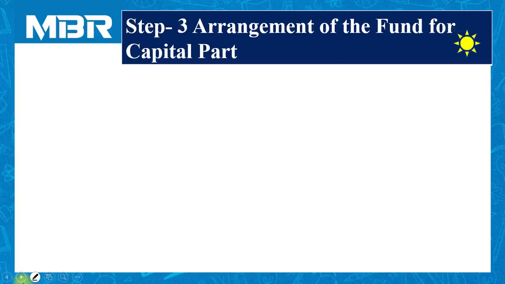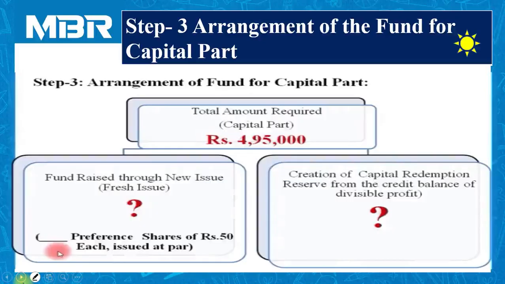In this particular question, the calculation is similar to the question number 4 discussed by me in a previous session. Let us understand the situation first. For the purpose of redemption of capital part, we are in need of rupees 4,95,000.